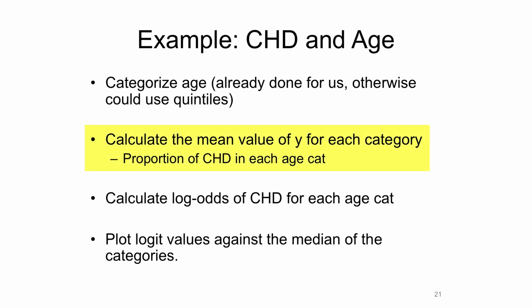So we'll first calculate the mean value of y for each category of age. And this is equivalent to calculating the proportion of CHD in each category. We'll then calculate the log odds of CHD for each age category, and then plot the logit values against the median of the categories.